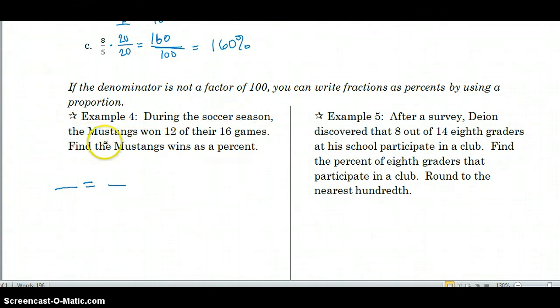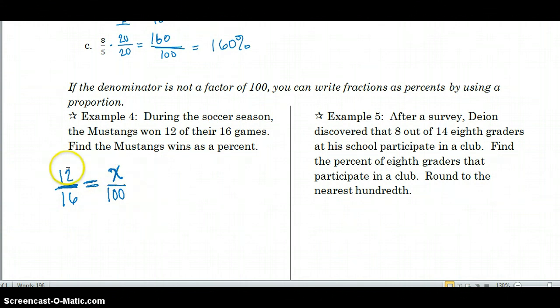During the soccer season, the Mustangs won 12 of their 16 games. So they won 12 out of 16 games. That's a ratio. And we want to convert this to a percent. So we want to know what number over 100, 12 over 16 is equal to. That's our proportion. 12 out of 16 equals what number out of 100?